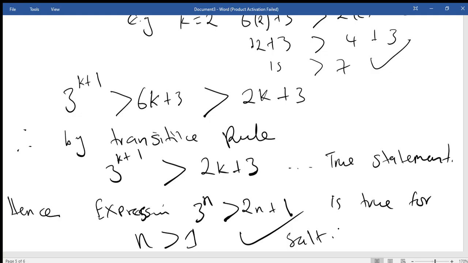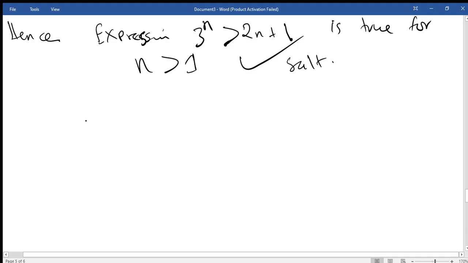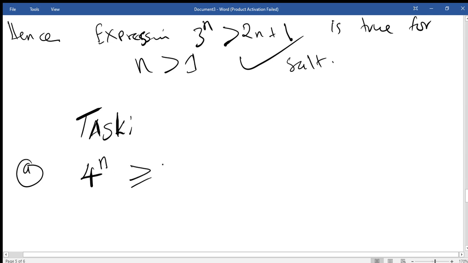So the task I'm going to leave you with here: can you prove the following statements? Prove for a, 4 power n greater than or equal to 4n. Can you also prove for b, 2 power n greater than n? I think we've solved this one.